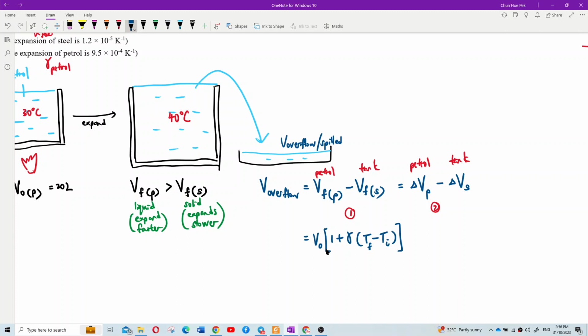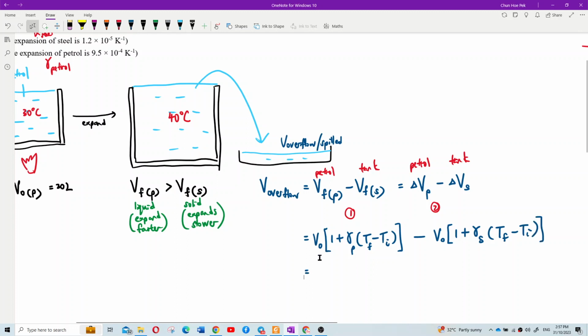This is for petrol. Minus initial volume times 1 plus gamma times T final minus T initial. This is for steel tank.